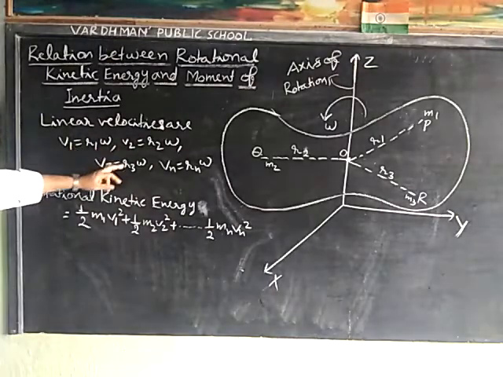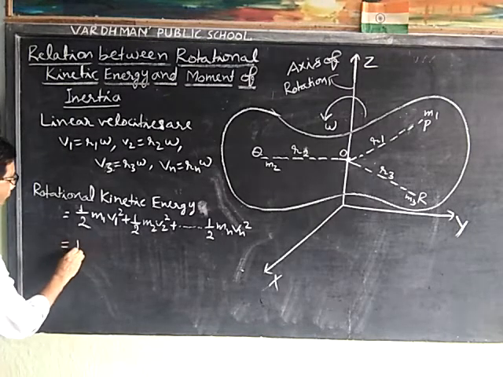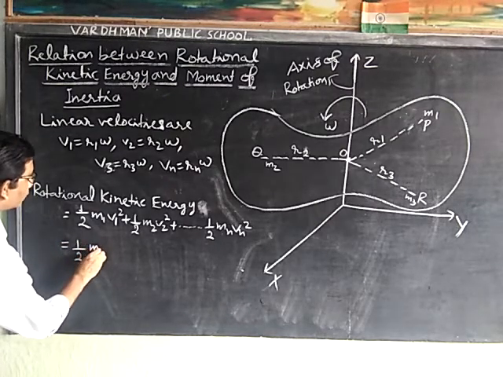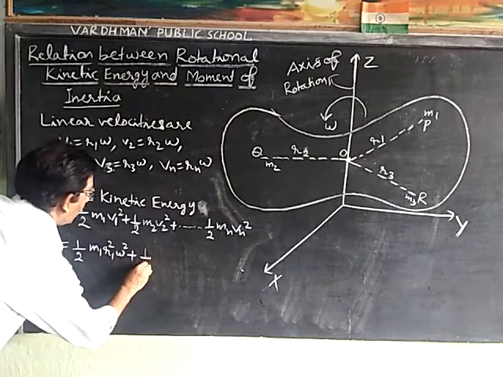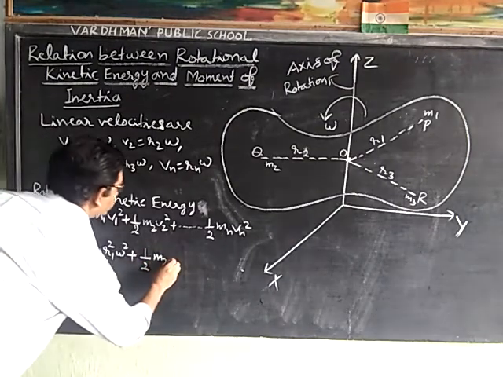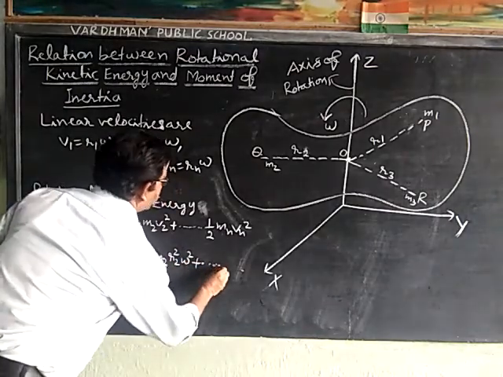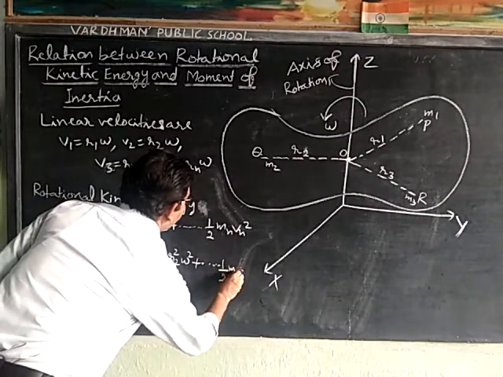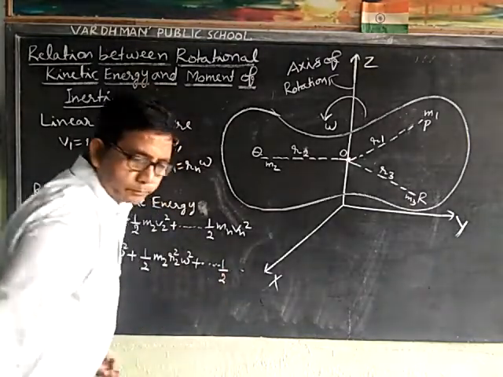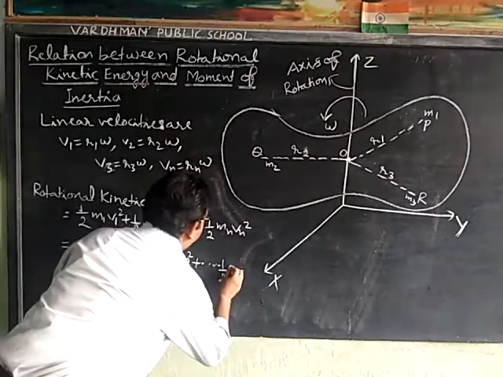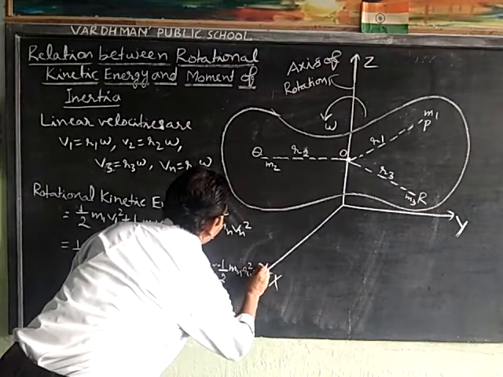Now we put the values of v1, v2 and v3 similarly, then it becomes half m1 r1 square omega square plus half m2 r2 square omega square plus half mn rn square omega square.